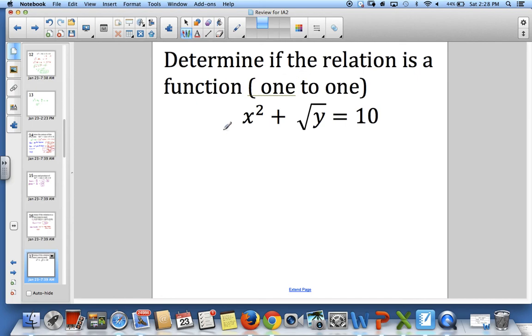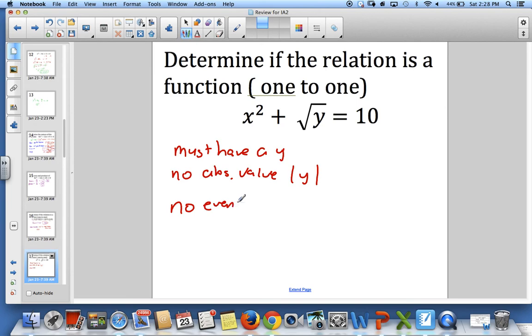The rule for a function is it must have no absolute value of y and no even powers of y. So it can't have a y squared, an absolute value of y, or even powers.